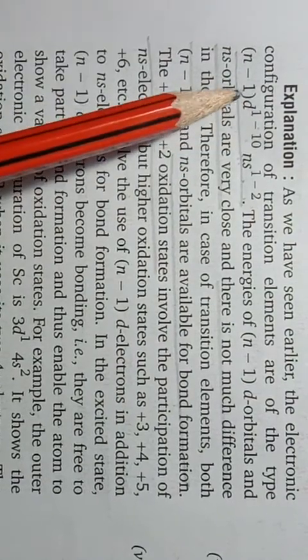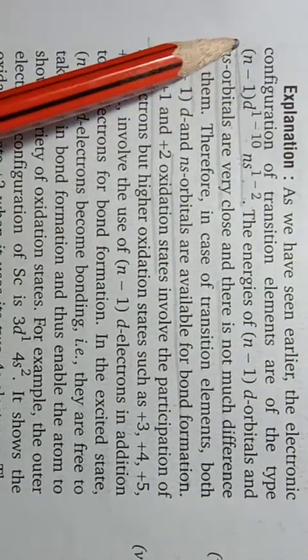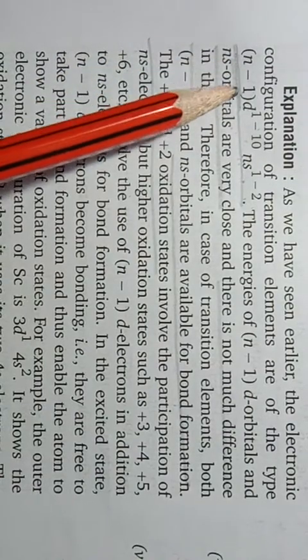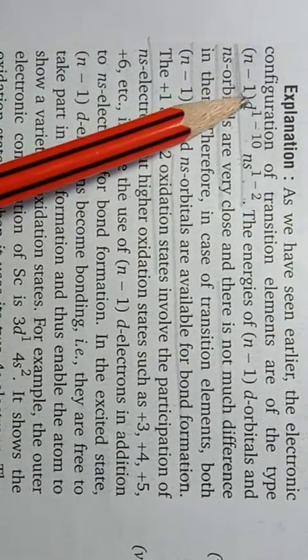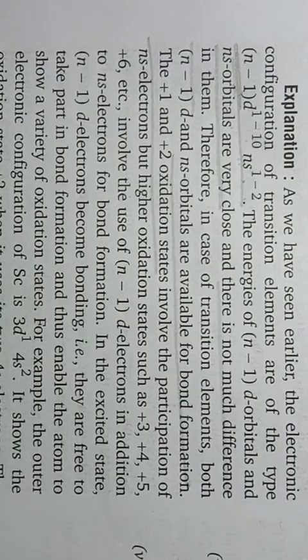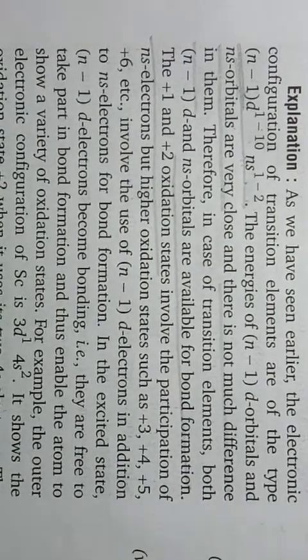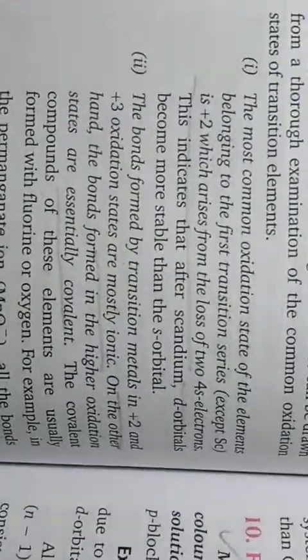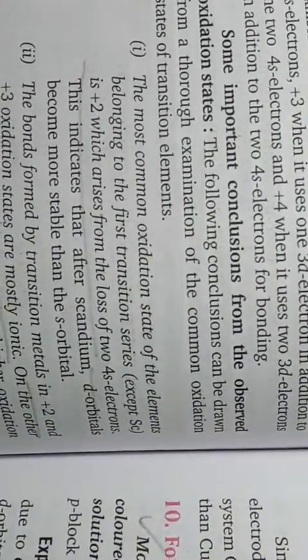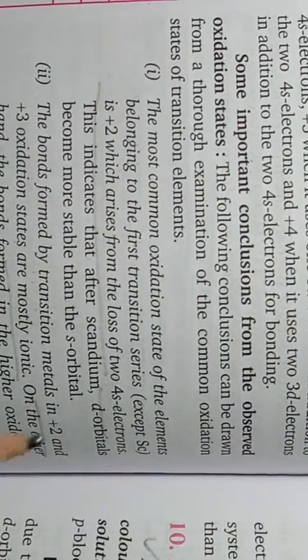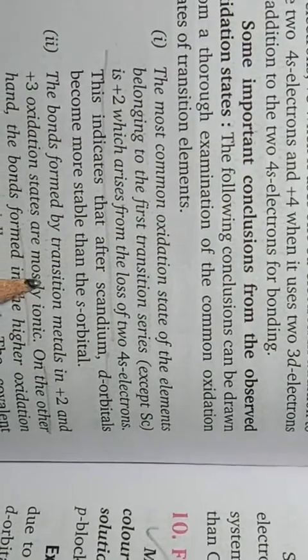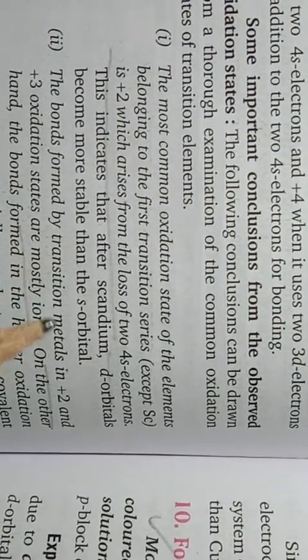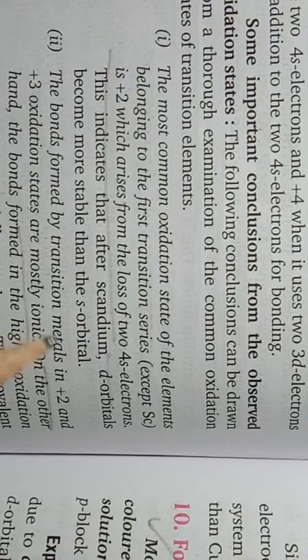Due to the participation of electrons of the penultimate shell, the transition elements can show a variety of oxidation states. Now some important discussion related to oxidation state. These points are very important, students. A number of reasoning questions can be asked from these points only.